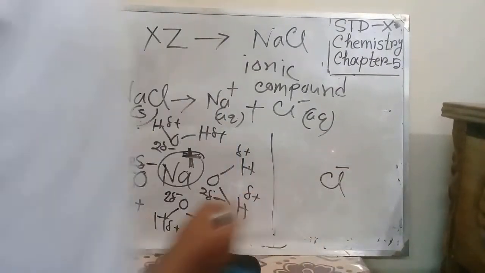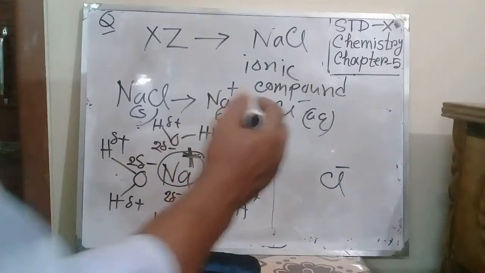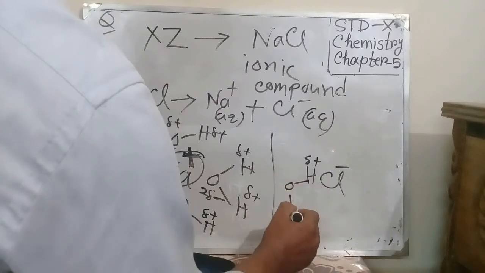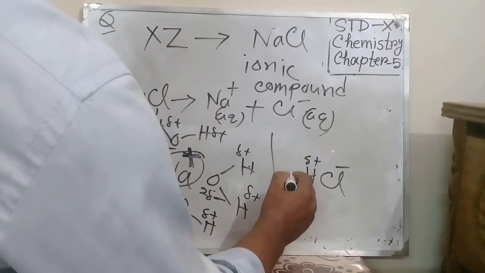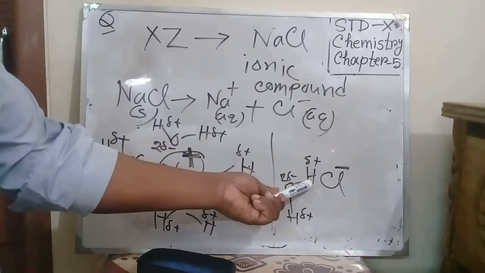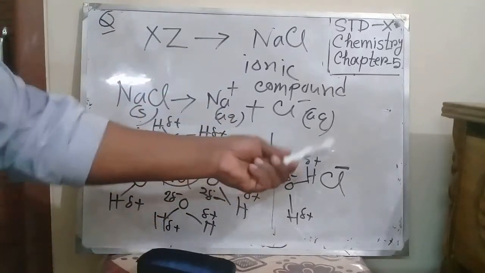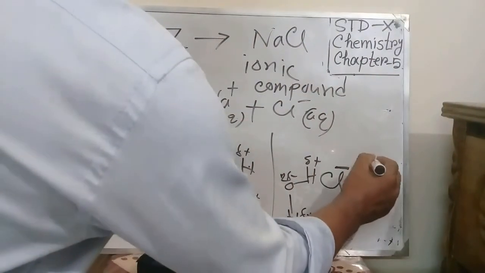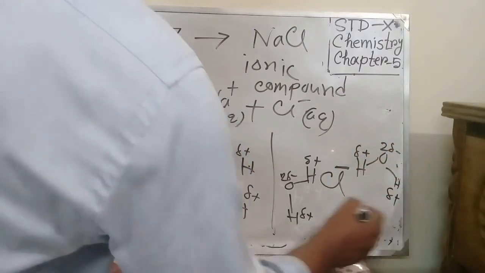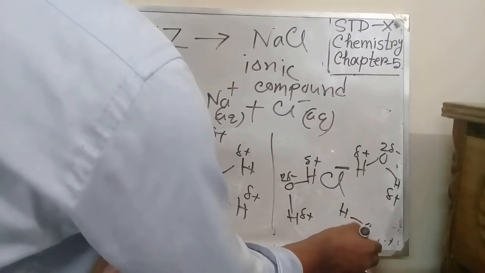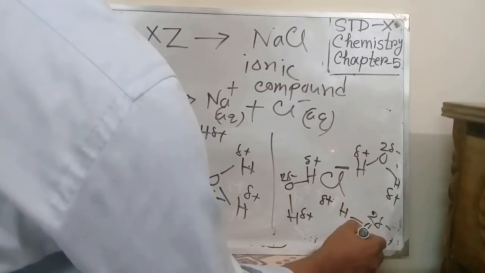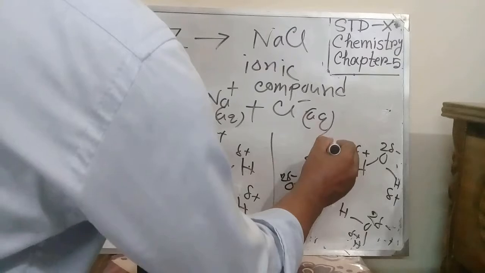Now the chloride ion. The chloride ion will also be surrounded by water molecules, but vice versa. Look, this is the chloride ion, a negative ion. So the positive part of the water will come near the chloride ion: H del plus, oxygen 2 del minus.